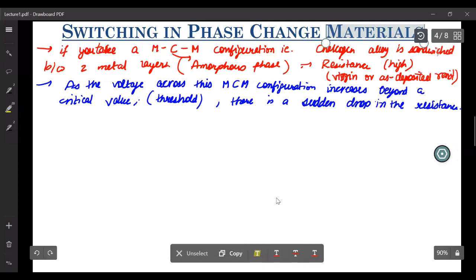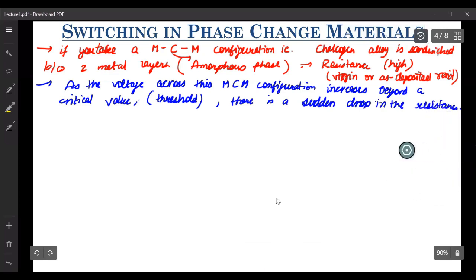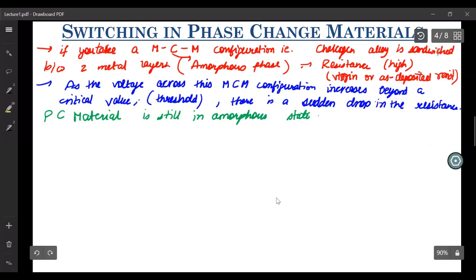At this point of time, I would also like to specify that the phase change material or the chalcogen alloy is still in the amorphous state. However, resistance has dropped.